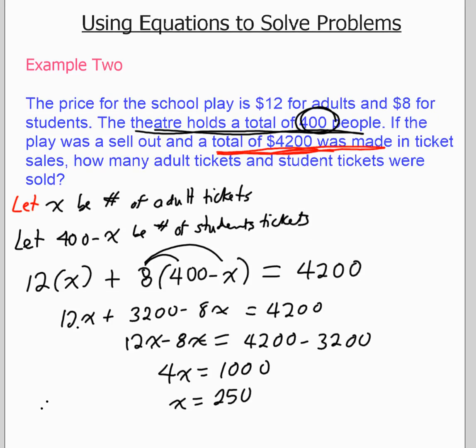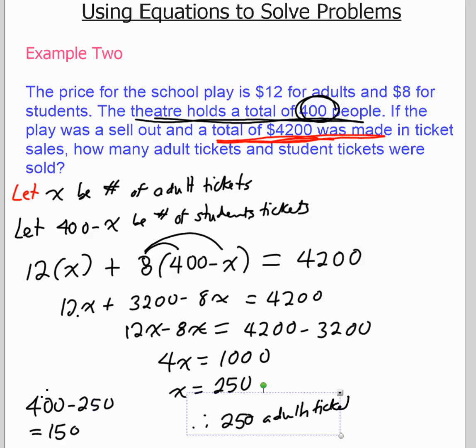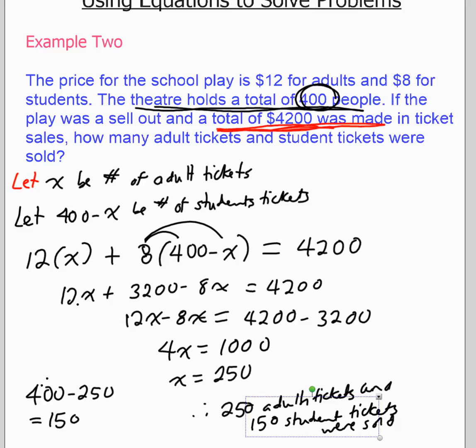So then, to get student tickets, you just do 400 minus 250, and you get 150. Then you can do, therefore, 250 adult tickets and 150 student tickets were sold. So you always want to end with a therefore statement.